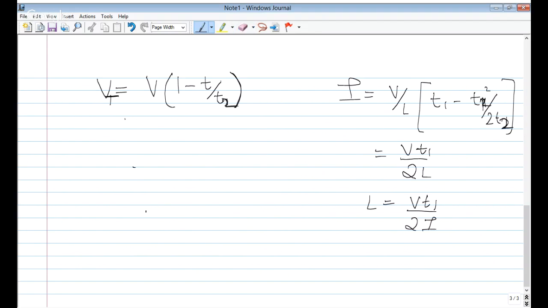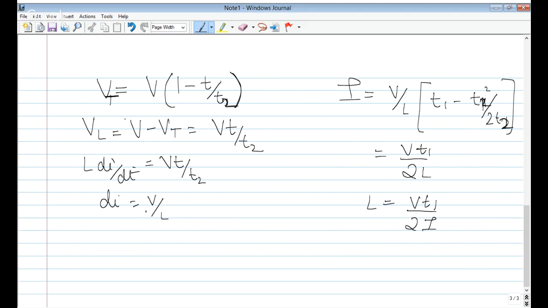So what will happen is inductor voltage will be supply voltage minus transistor voltage, that is Vt by T2. Now this will be L di by dt is Vt by T2. So di will be V by L T2 into T dt.